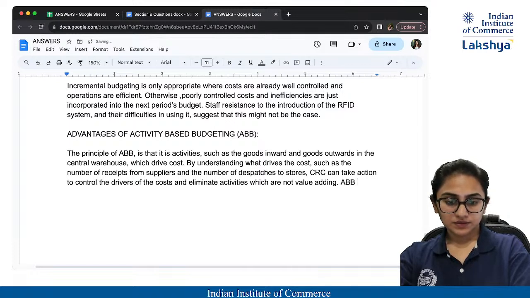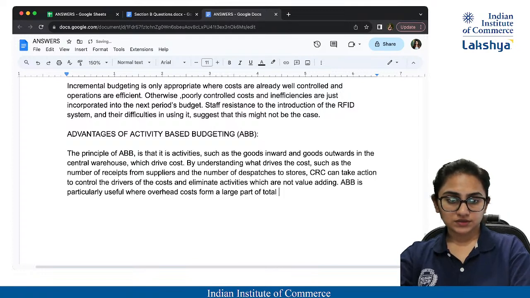ABB is particularly useful where overhead costs form a large part of total costs.